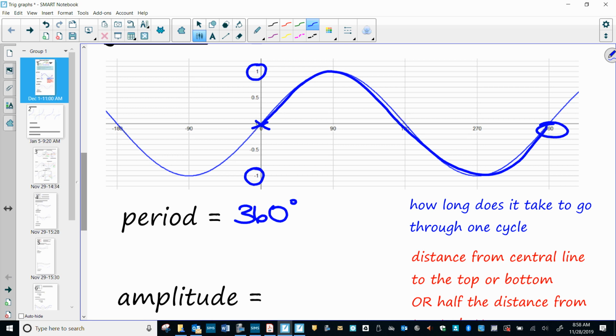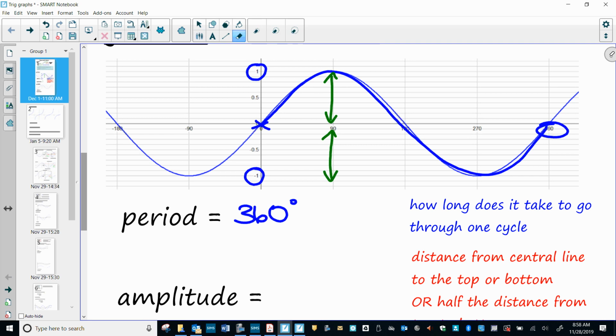For this original graph, just the basic sine x graph, the central line is the x-axis. What do we think the amplitude is? Yeah, 1. Do we all see that? So our amplitude is 1.